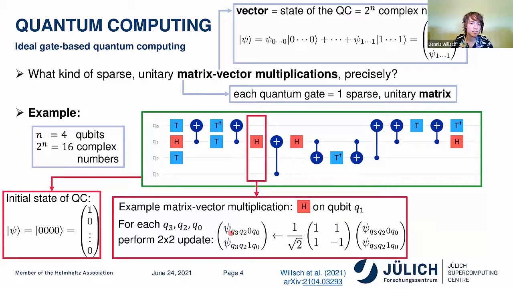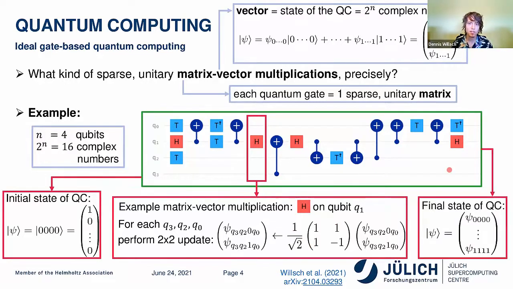And this is quite a lot of 2x2 updates, right? For the 4-qubit quantum circuit, it's not that much, but if you imagine you have a 40-qubit quantum circuit, then it's a lot of 2x2 matrix vector updates. And if we carry that through all these gates here, at the end, we obtain the final state of the quantum computer. So all these complex numbers now have some specific values, and they describe the result of the computation.